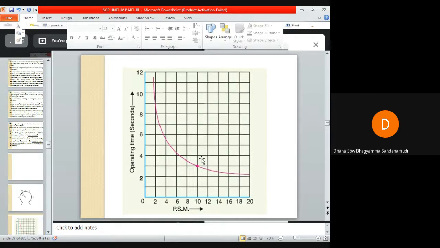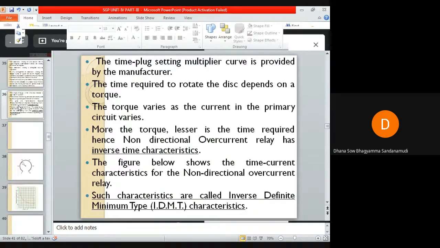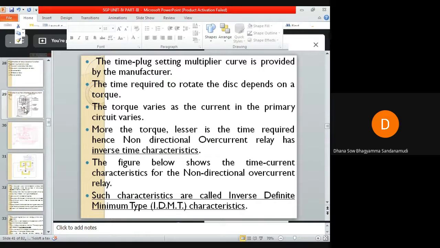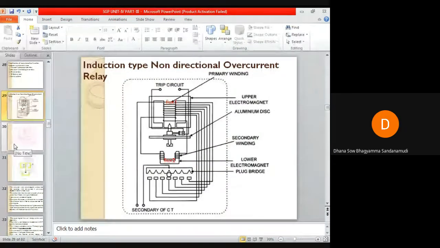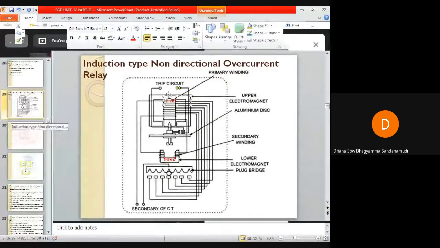If you are regularly attending my class, then you might have already learned how to determine the operating time of the relay.